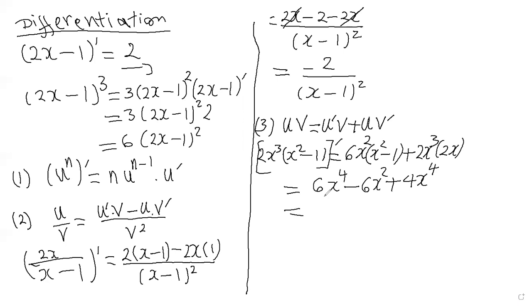So now we see 6x exponent 4 plus 4x to the exponent 4 will give us 10x to the exponent 4 minus 6x squared. So this is the derivative of the multiplication of the two functions.